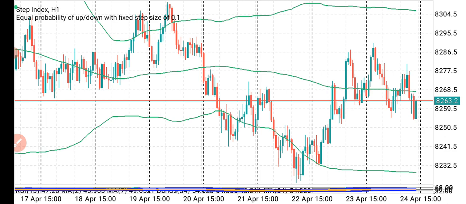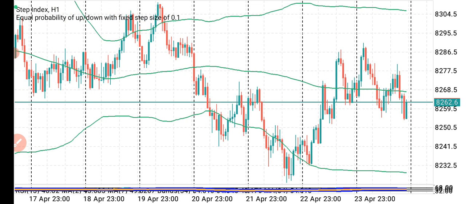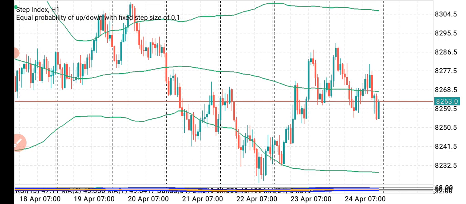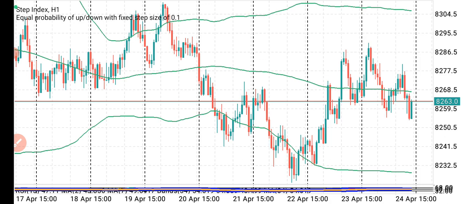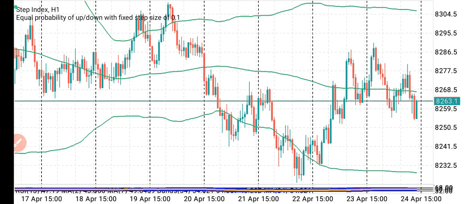The second scenario is reversal, while the third scenario is fake out. Our major focus in this video is on fake out. How do we avoid trend line fake out, in order to avoid the loss of money while we are trading?